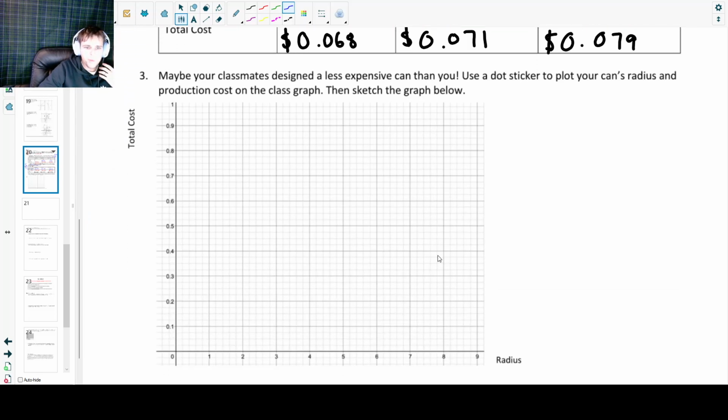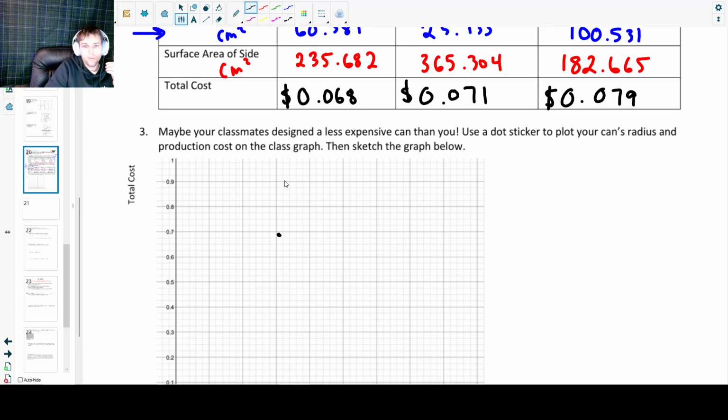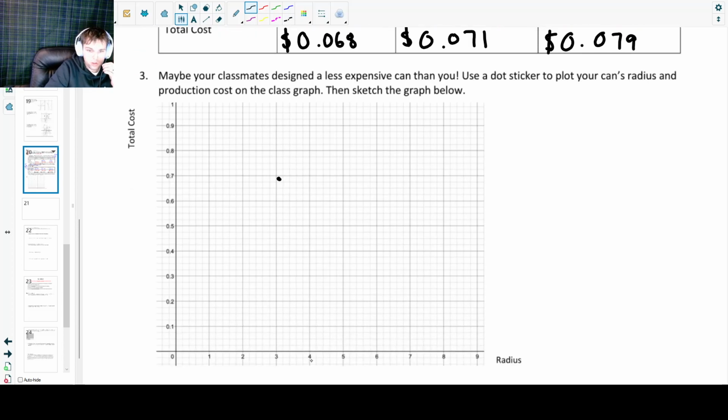All right, so we have two points here. When the radius was 3.1, it cost just under 7 cents per ounce, per can. When our radius was 4, it was just over 7.1.